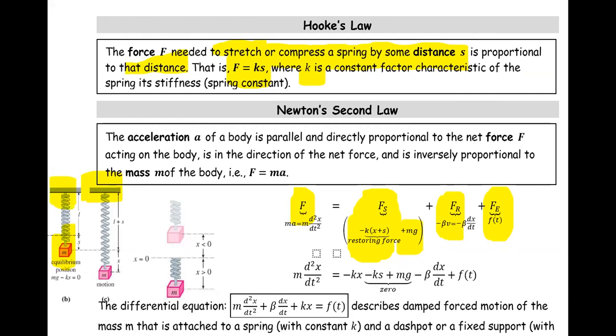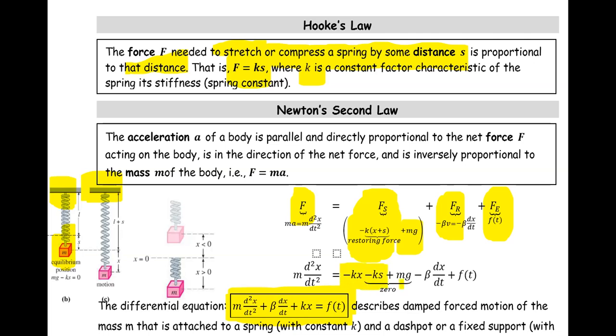So all three pieces together, we can get the second order differential equation that represents the position of the mass attached to the spring at time t. Let me explain each one a little more. The one from the spring, negative kx, negative ks, has a negative sign because it goes in the opposite direction.